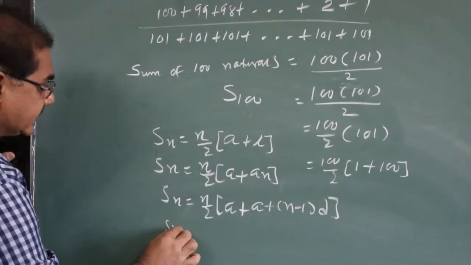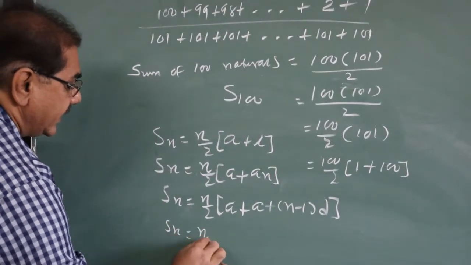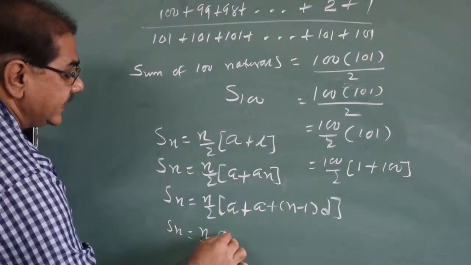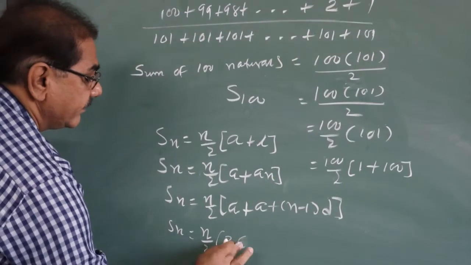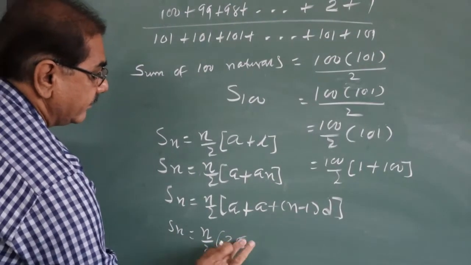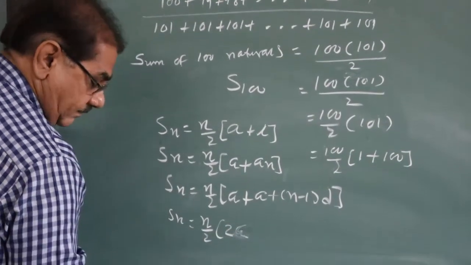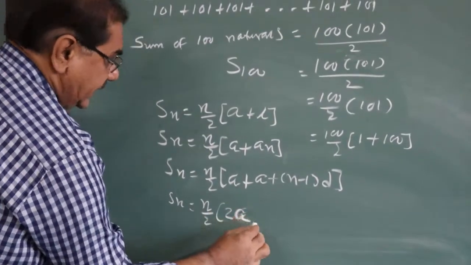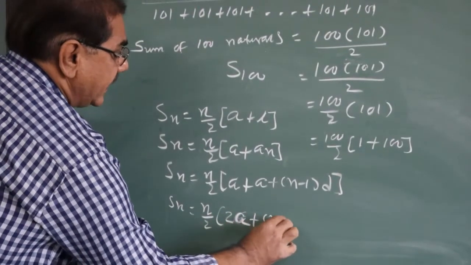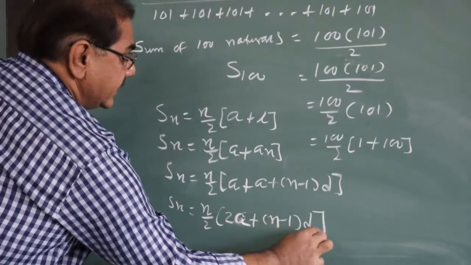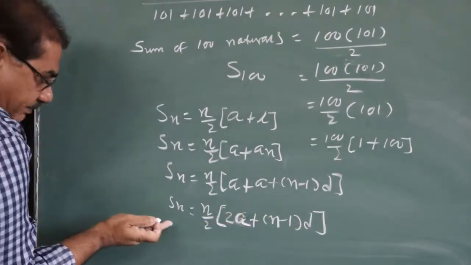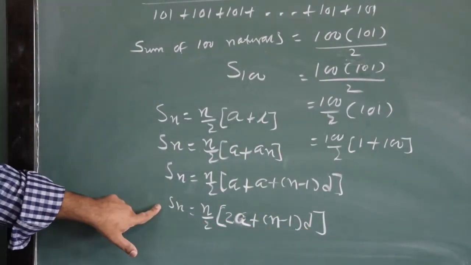So ultimately Sn is equal to n by 2 into bracket 2a plus n minus 1 into d. This is how we proved this formula in the last period.